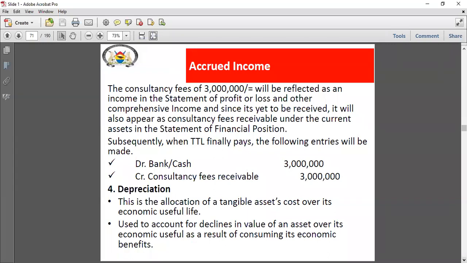So at the end of the useful life, this asset should be at 0 from our computations. Of course, we also have scenarios where this asset has a scrap value. You get it? So we are going to see.